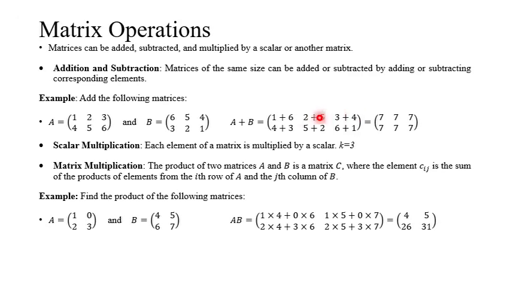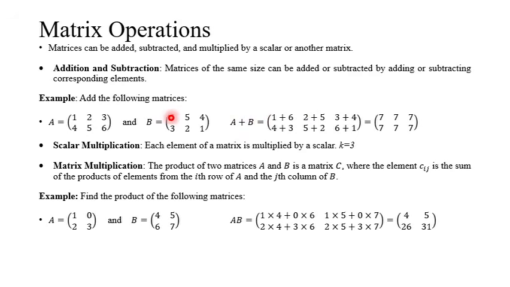And that is what we've done here. So this will also be added to this, and this will also be added to this. So here we add like terms together. Of course, you know, this element is a like term to this element because they occupy the same position. So that is how we achieve that addition operation.